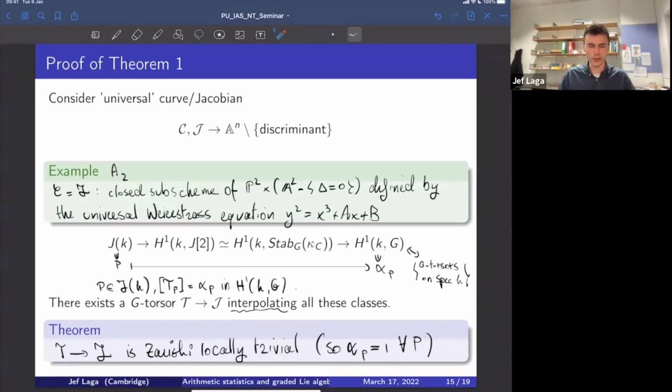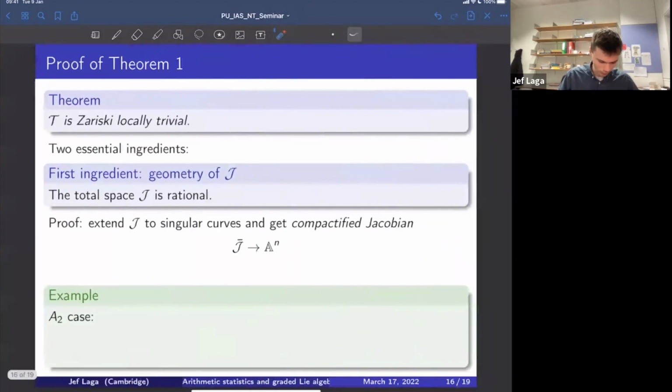The main observation in the way I've set it up is that even though the fibers of this morphism are curves and abelian varieties, so not necessarily simple spaces, the crucial fact is that these spaces themselves are relatively simple as a total space. So let me show you how that works. There are two essential ingredients to prove this theorem. The first one, as I said, is the geometry of this curly J.